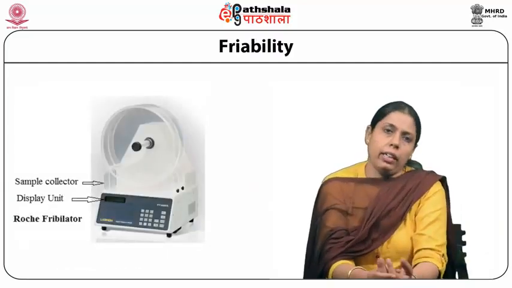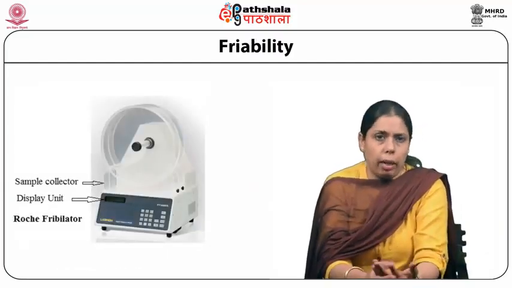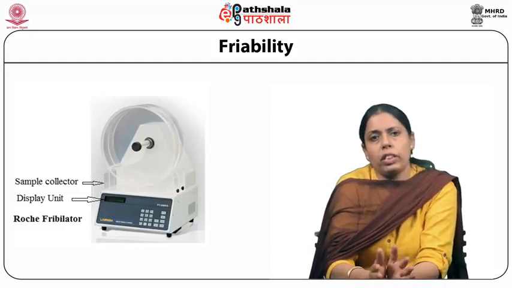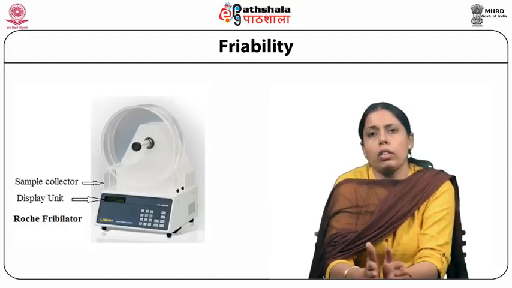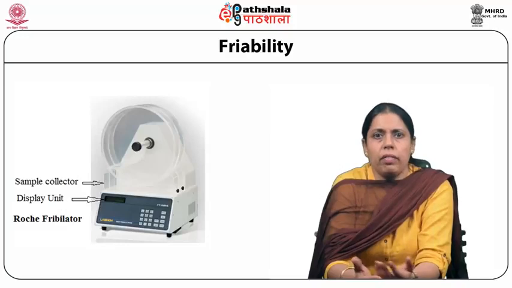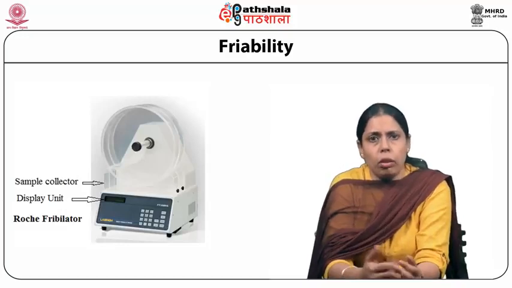Friability is the next attribute of the quality of a tablet dosage form. We all know that it is the feature that relates to the tendency of a tablet to crumble. Friability is determined by allowing the tablets to roll and fall within a rotating tumbling apparatus.